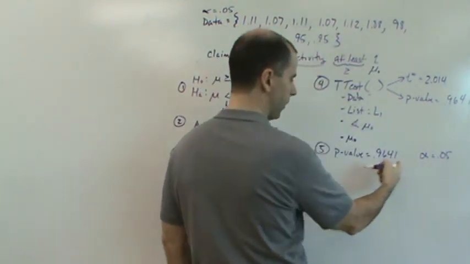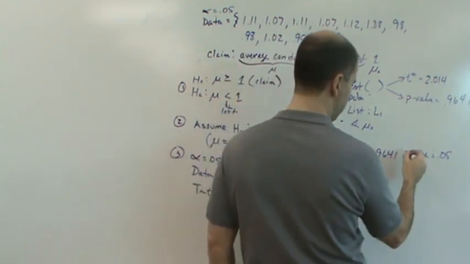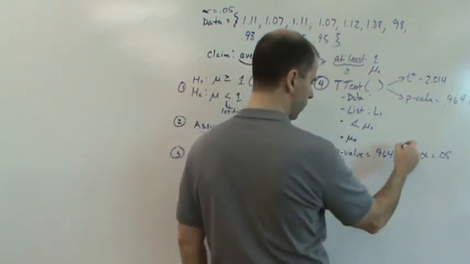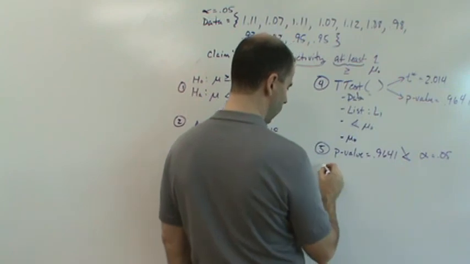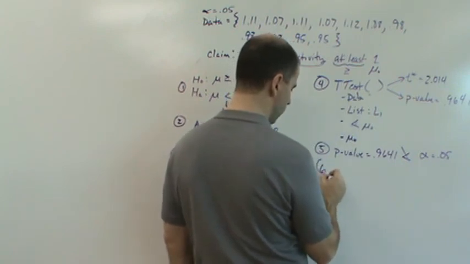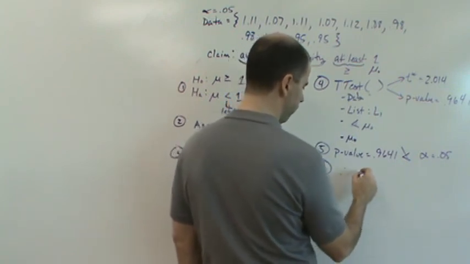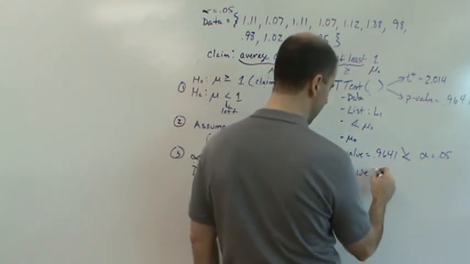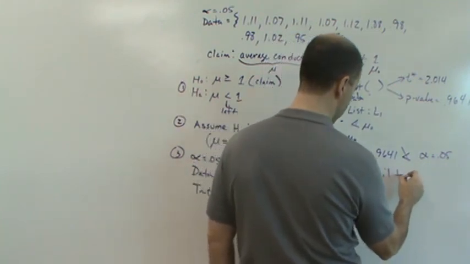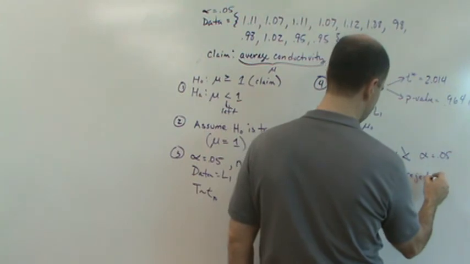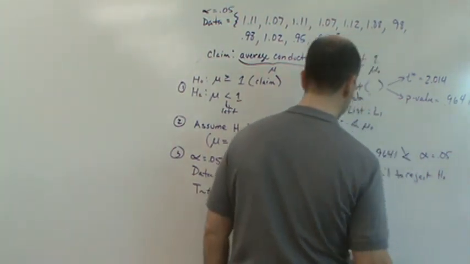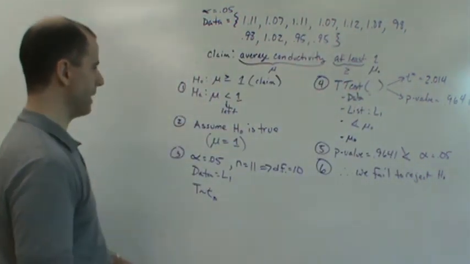And so is my p-value less than alpha? No. So I put a slash through it, so not less than. And so what is the conclusion or the result of my test? Therefore, we fail to reject the null. So what does that mean for our claim?